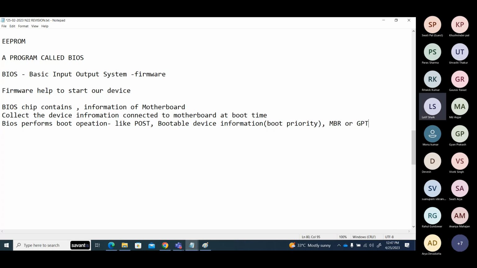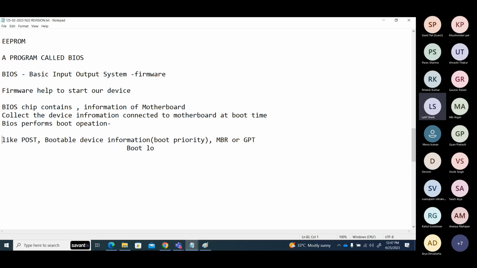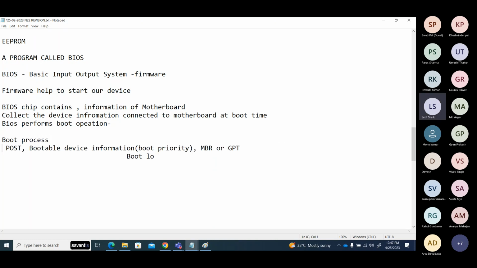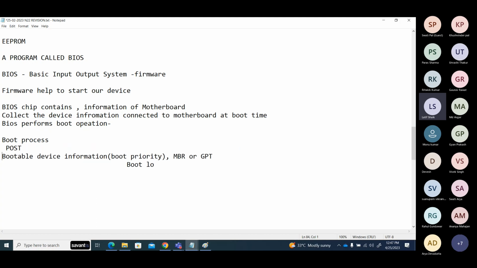Anyway, I'll directly go to the boot process, guys, because it's a revision, so not required to follow any specific lines.